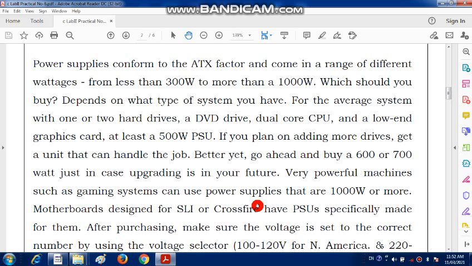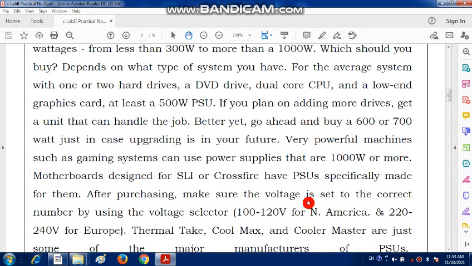If you plan on adding more drives, get a unit that can handle the job. Better yet, go ahead and buy a 600 or 700 watt unit just in case of upgrading in the future. A very powerful machine such as a gaming system can use a power supply that is 1000 watts or more.